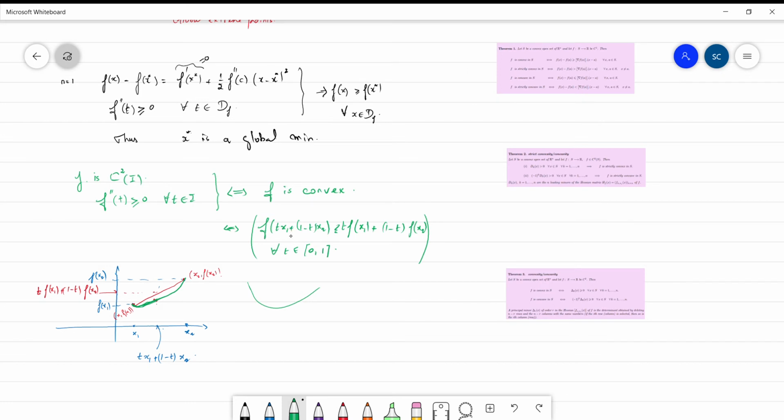So we will have a point capital X1, another point capital X2, and we need to ensure an inequality like this one, to say that we have a convex function. Now the question, how can we characterize convexity? Without the definition, we always characterize it using information on its derivative. And yes, we have something similar.